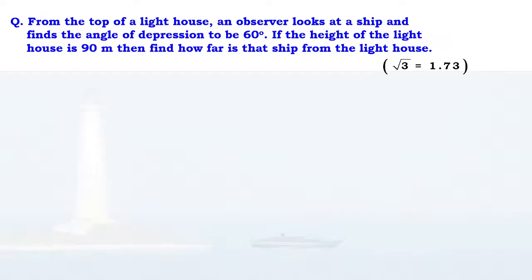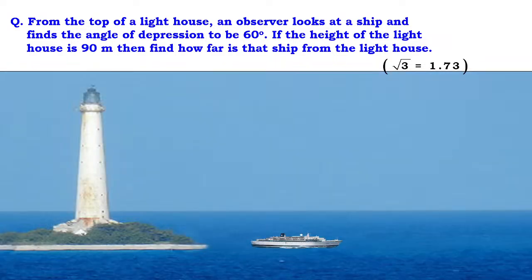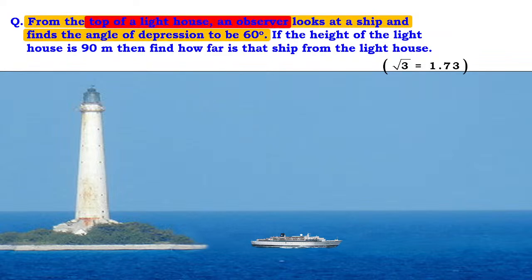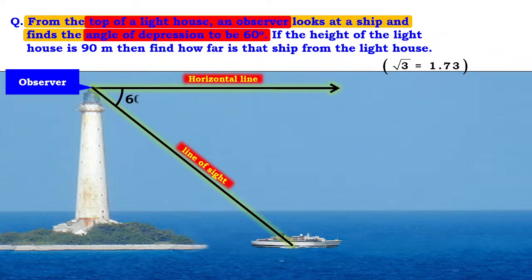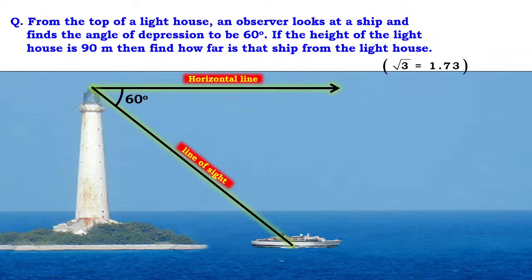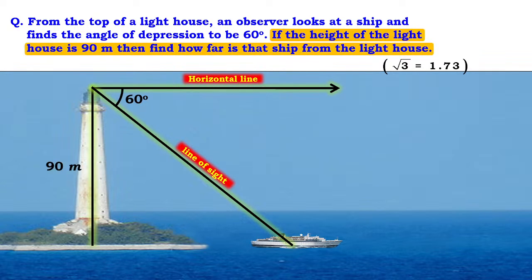Okay, look here everyone. So this is the lighthouse and here there is a ship. From the top of the lighthouse, the observer looks down. This is the horizontal line and this is the line of sight. And the angle, how much have they told here? 60 degrees, right? Next, what is the height of the lighthouse they have given? 90 meters.